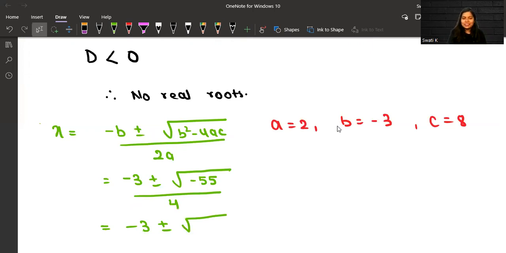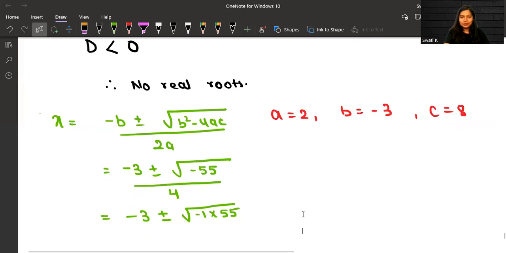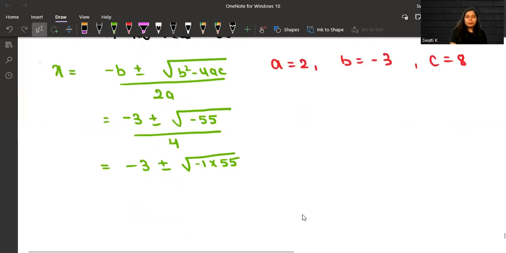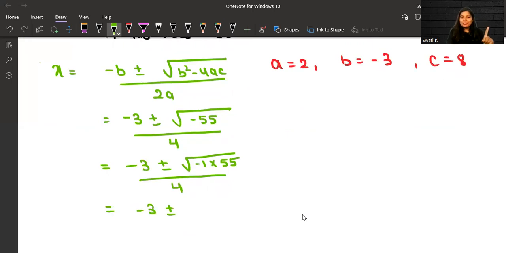You have to write this as minus 1 into 55, upon 4, and then we can write this as minus 3 plus minus root over minus 1 into root over 55, upon 4.